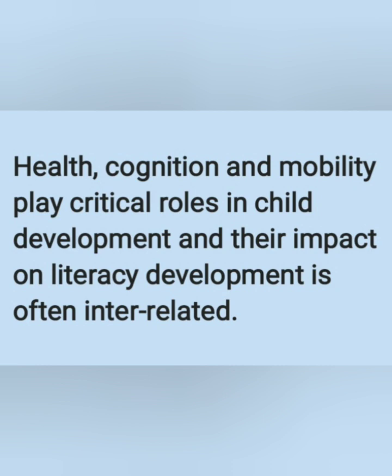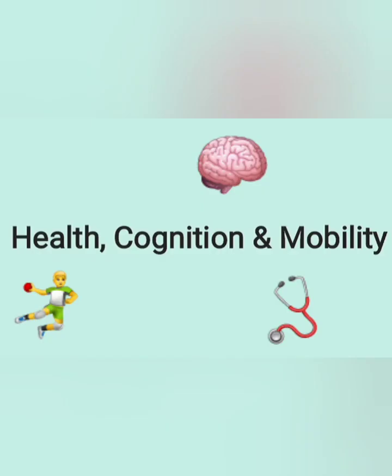So we're going to look at these three areas and how they are connected and how they all come together to affect literacy development. Bear in mind, as we said, at the core of literacy development is language development. General physiological conditions affect motor development, and together they influence language development.